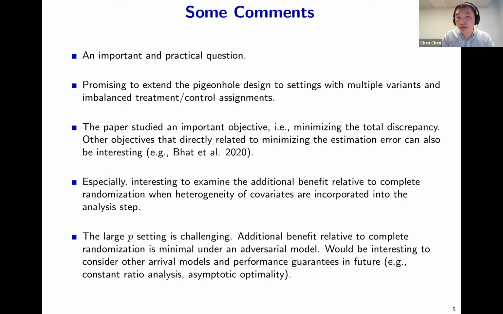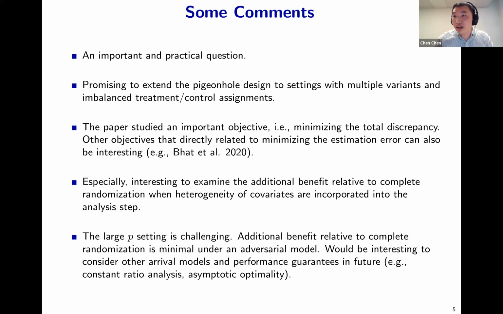For example, more related to minimizing the estimation error of some estimator people would like to use in the analysis step. And one related paper is Bhat et al. 2020, where they considered a linear model and designed sequential allocation to minimize the variance of some least squares estimator.